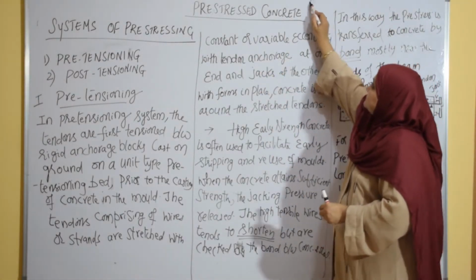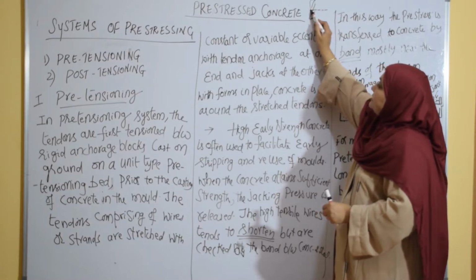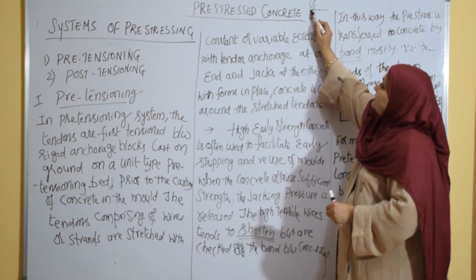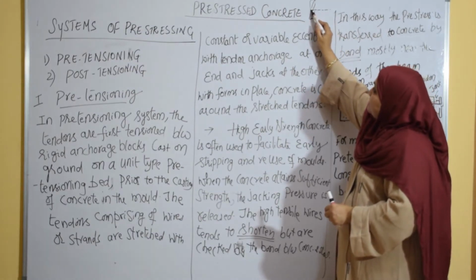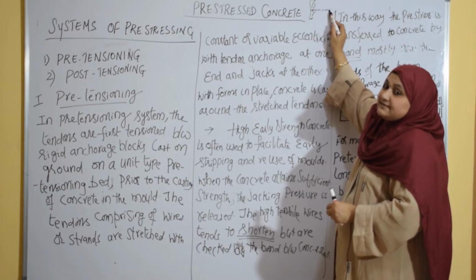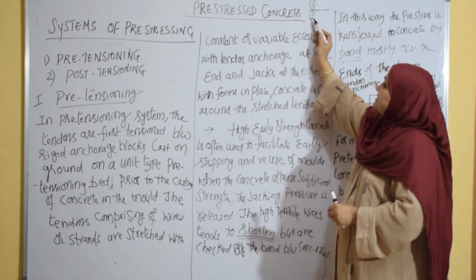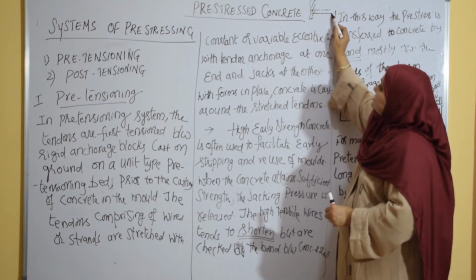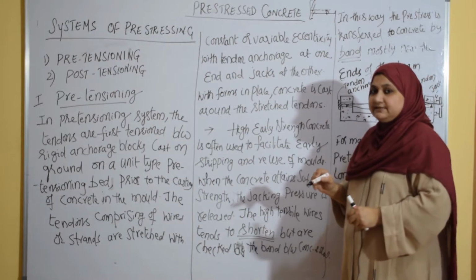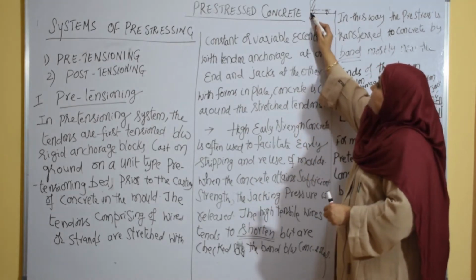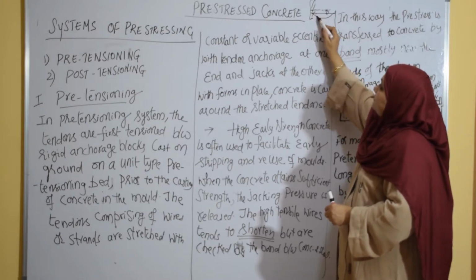If this is the center of the beam and the tendon is placed along this line, then the eccentricity is 0. There is no eccentricity. But if you place the tendon at some uniform eccentricity, that is called constant eccentricity. Sometimes the tendon will be placed with varying eccentricity, somewhere more, somewhere less.